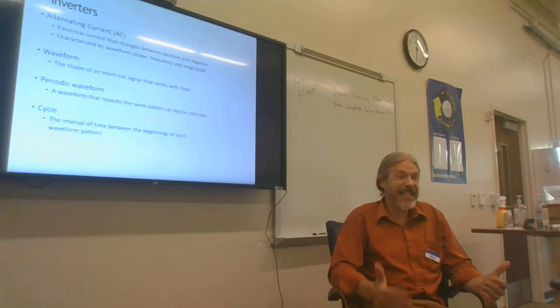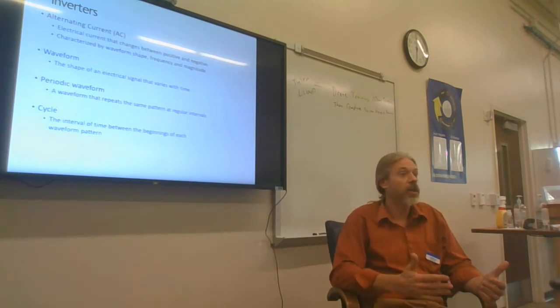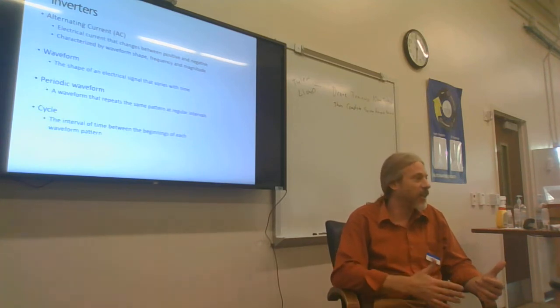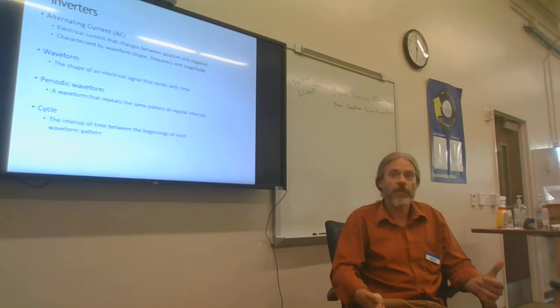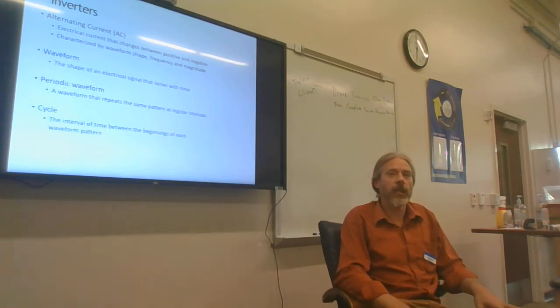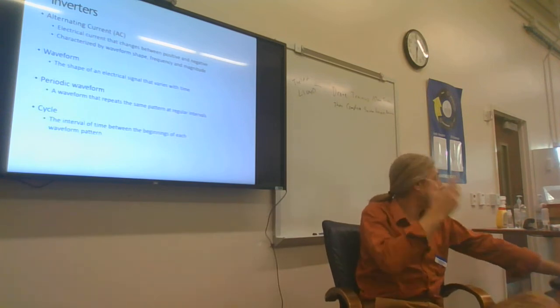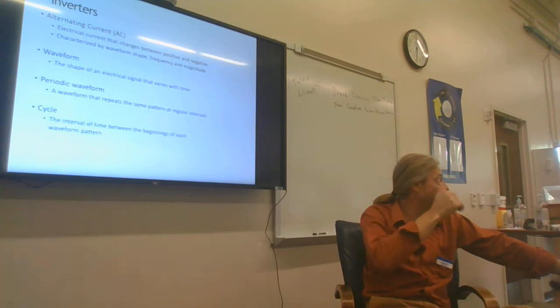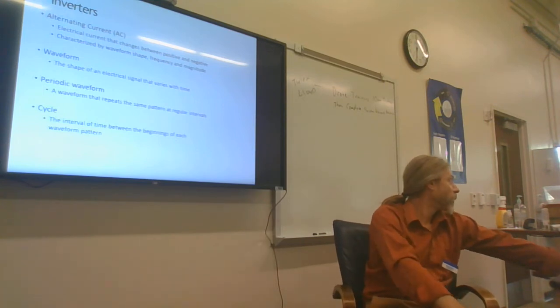We have 60 seconds in 1 minute, and we have 60 cycles in 1 second. All right. That was the reason that they picked that back then. And so the interval of time between the beginning of each wave pattern is the cycle.